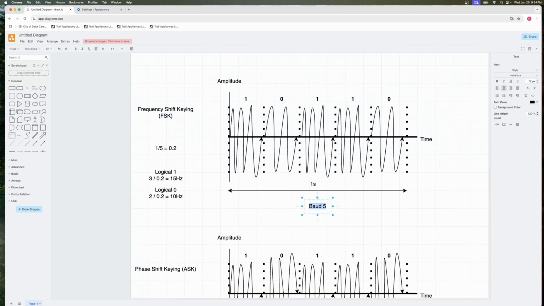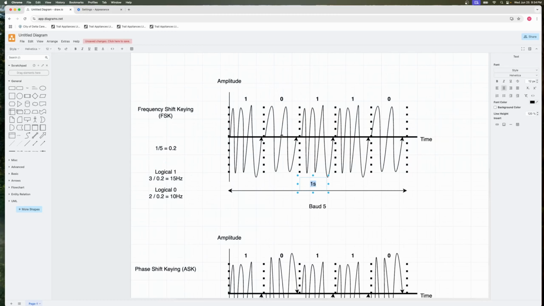Within 1 second we have 5 bits, so 1 divided by 5 is 0.2. So we're looking at 1 bit at a time. We take 3 divided by 0.2, which gives us 15 hertz.